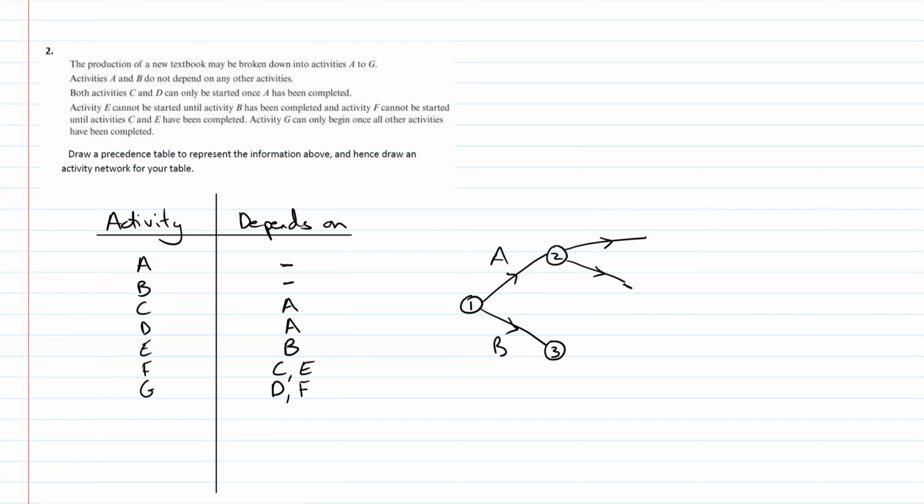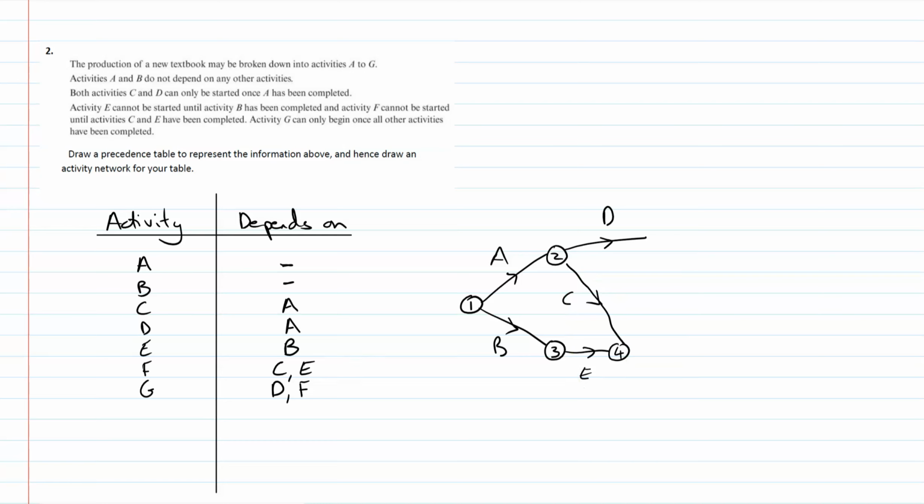So I actually want C and E heading towards the same place. I'm going to switch these round. I'll put the D up here and the C here, because I know that E requires B, so it's going to come straight after that. But F requires C and E, so now I can join this there. And that means I've got dependency after number 4 on C and E, which is what I want for this F task.